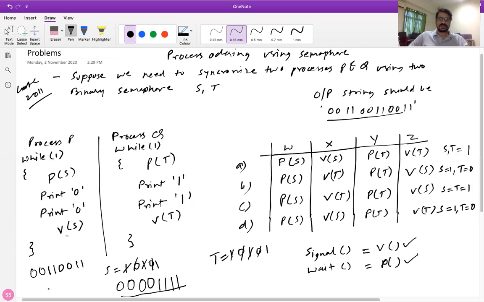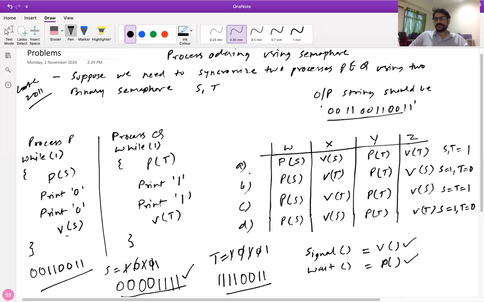So this is possible with option A, and this is also possible with option A, right? Or if I start with Q, it will start with 1 1. Or if I go again for Q, it will be 1 1 again. Then if I go to P, it will be 0 0. Then if I go again to Q, it will be 1 1. That way is also possible. So many patterns are possible.